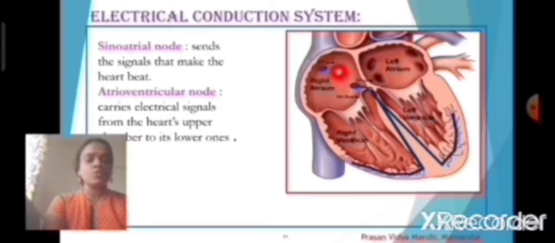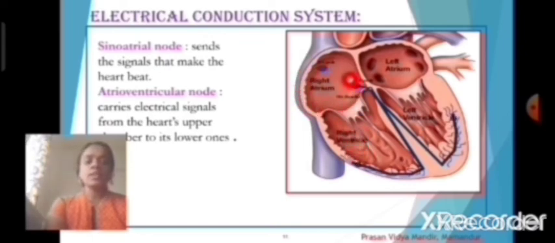This first blue region is called the SA node, and it is responsible for conducting signals to make the heart beat. The second is called the atrioventricular node, or AV node, and it is responsible for sending electrical signals for the contraction of one chamber and the relaxation of another chamber.